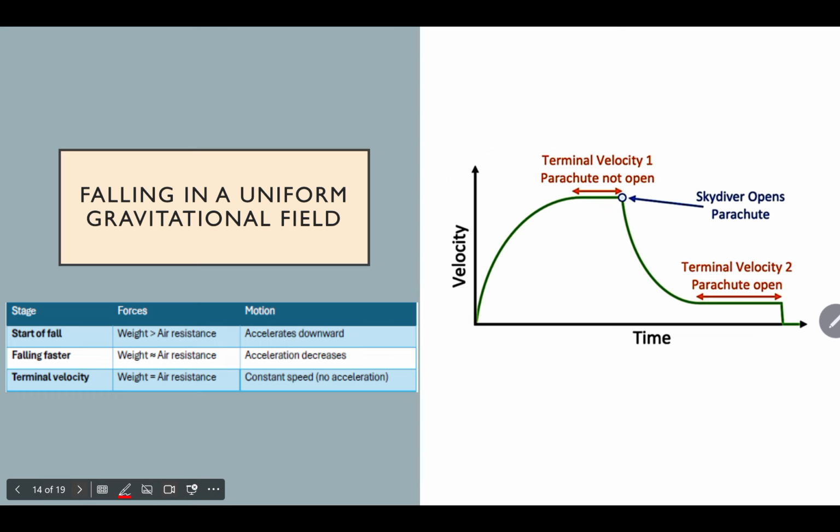As their speed increases, the air resistance starts to become more, almost reaching the same amount of weight. So the acceleration starts to decrease, one by one, slows down, until they reach a point where the weight and the air resistance are equal, like we said, terminal velocity. And here I'm at constant speed with 0 acceleration.